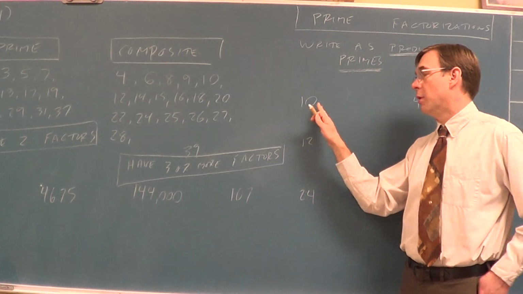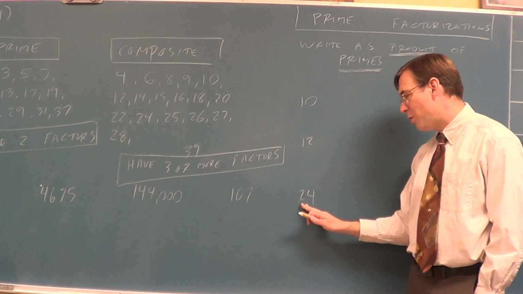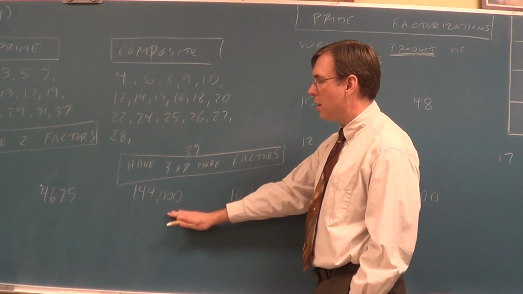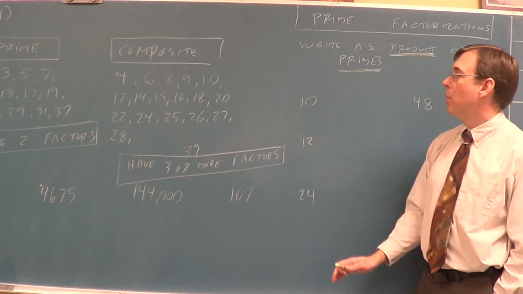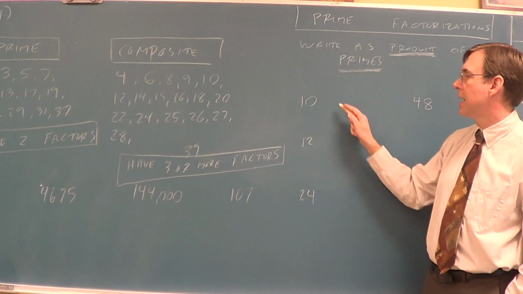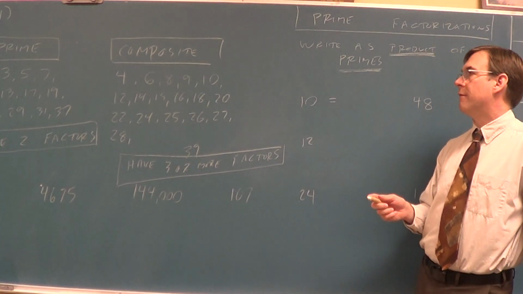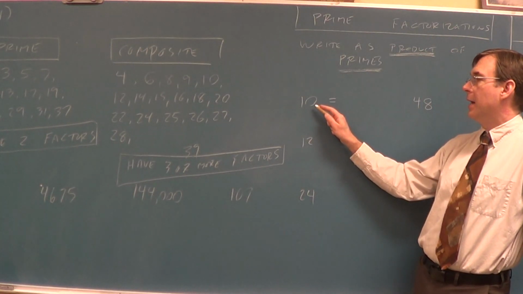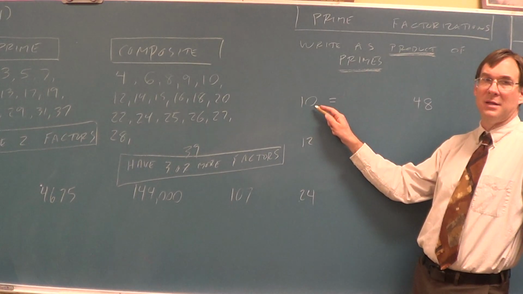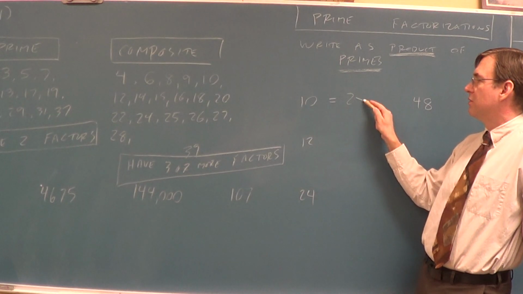They're going to give you a little number, or maybe a small to medium-sized number, maybe a giant number, but they're going to want you to somehow break this all down so you have multiplying primes to make this happen. 10 is super easy. For multiplication to make 10, there's only really one simple way using primes, which is 2 times 5.